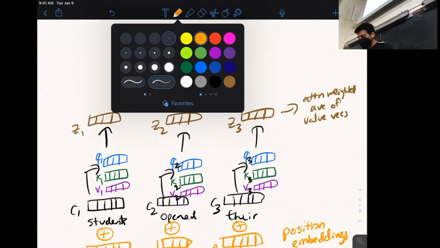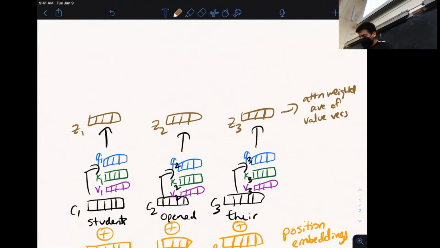So just to draw this out, the output of a multi-head attention would look like multiple of these z vectors, and each one comes from a different set of query, key, and value projections.